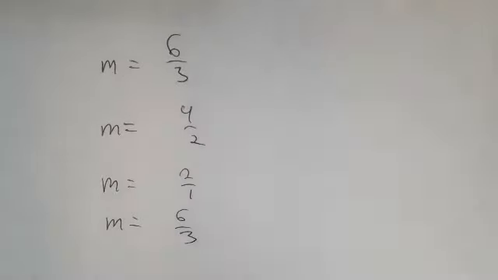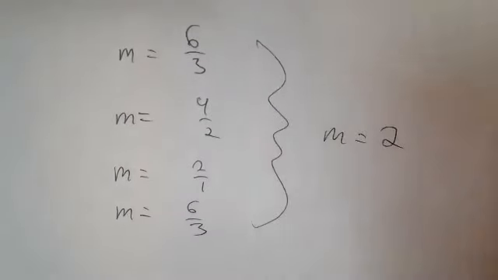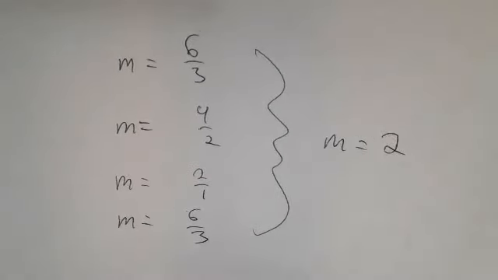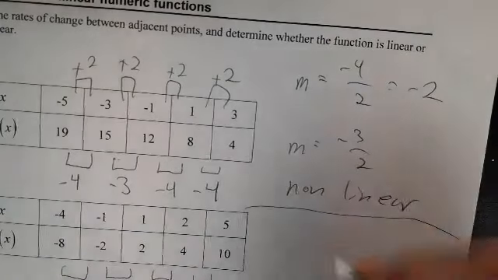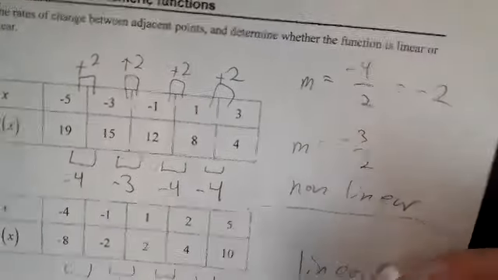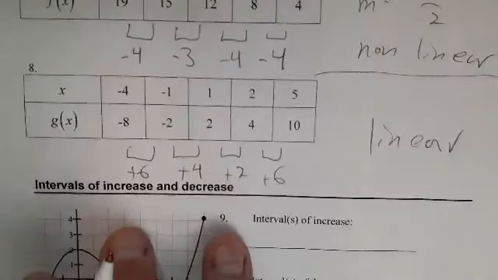But if we look at each one, 6 over 3, 4 over 2, 2 over 1, and simplify them, they're all just the number 2, or a slope of 2 over 1. 6 divided by 3 gives you 2, 4 divided by 2 gives you 2, and 2 over 1 gives you 2. Since we're getting the same slope between each consecutive point, we can assume this is probably linear, as long as this pattern continues, right?